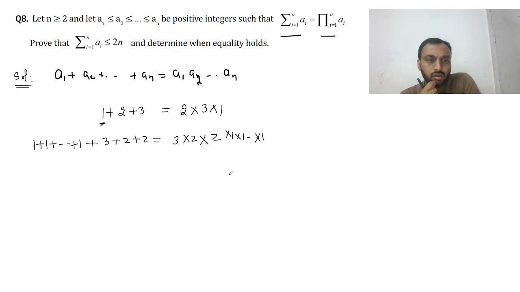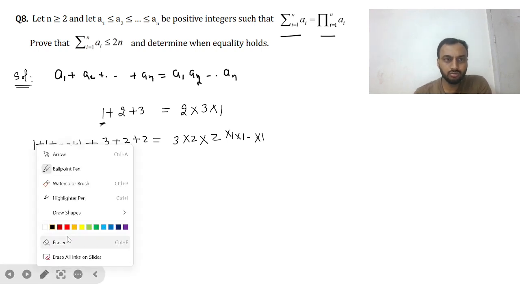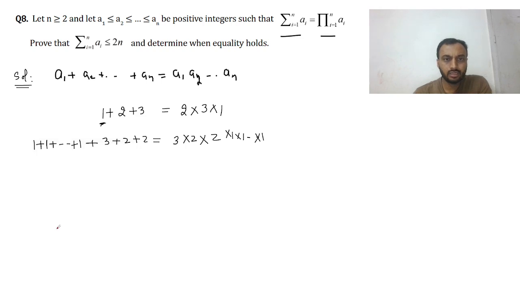Now, what we have to prove is that if we have n positive integers so that the summation is equal to the product, then the summation is less than or equal to 2n. Now let's consider our observation in a general form.